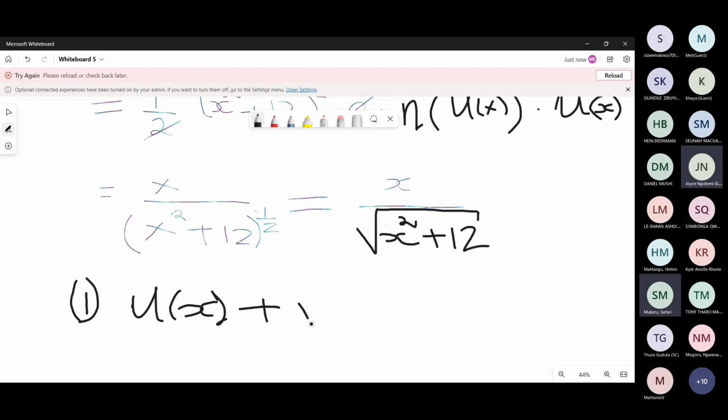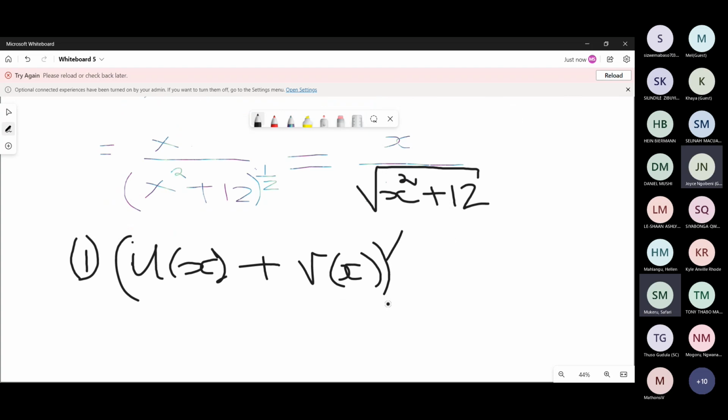Plus v of x. Here you have two functions, u and v, right? Let's find the derivative of the sum. For the sum, there's no problem at all.